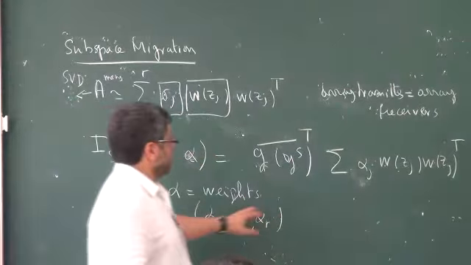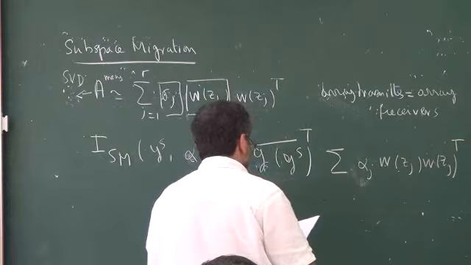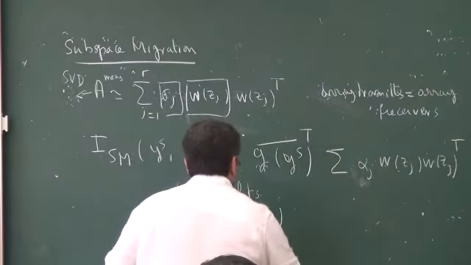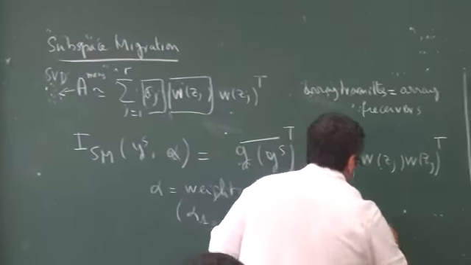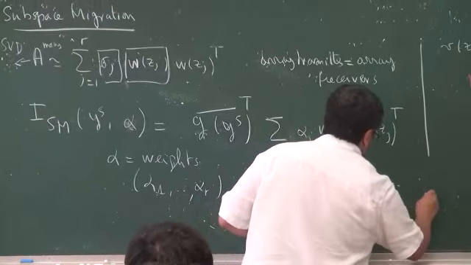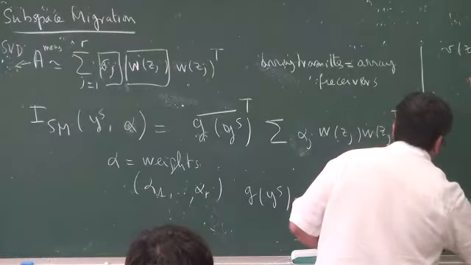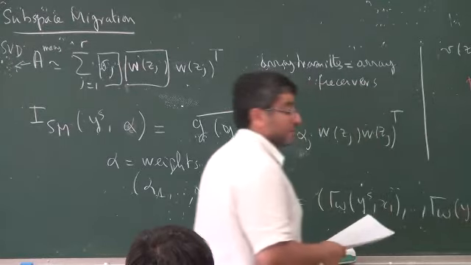Okay. Compute the Green function. This G is the vector of Green functions. So G YS is this vector gamma omega YS x1 to gamma omega YS xn transpose.